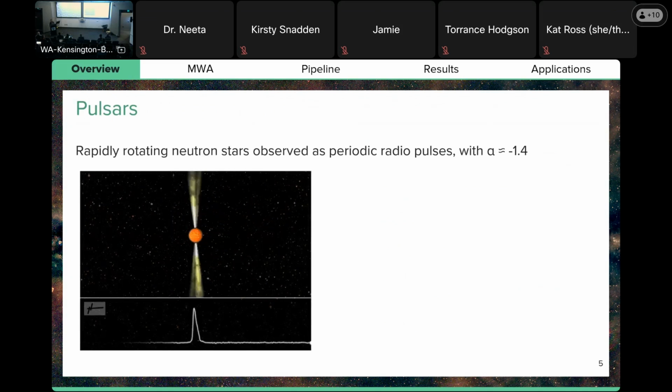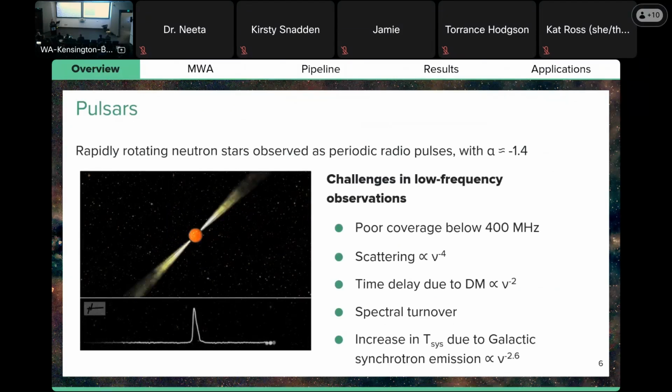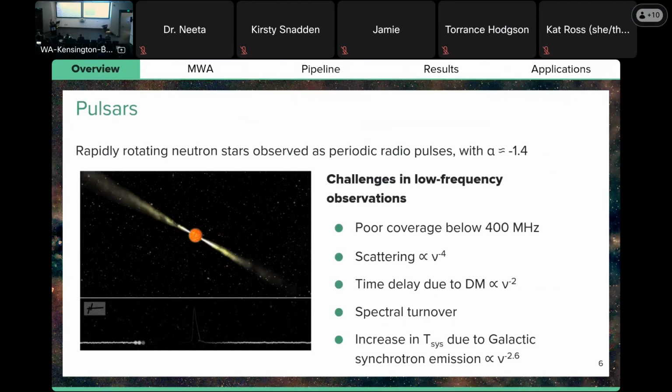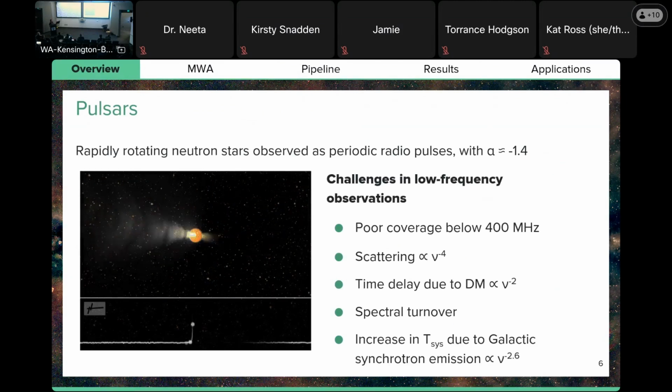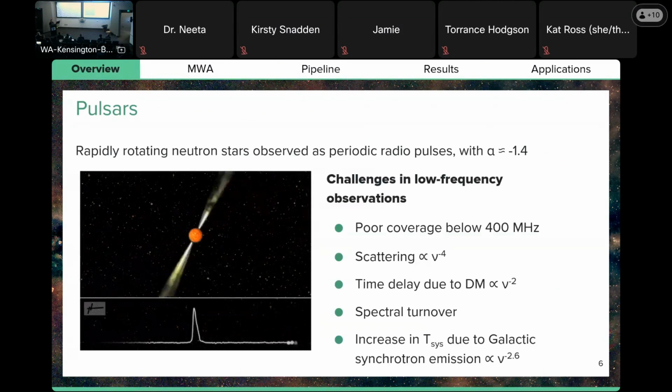But most of the sources have been detected at higher frequencies using pulsation searches, which are focused in the gigahertz regime, because they struggle at lower frequencies because of propagation effects such as scattering and dispersion. Also, in the spectrum of some of these sources, there can be a curvature, and so the flux that we expect to detect is actually lower.